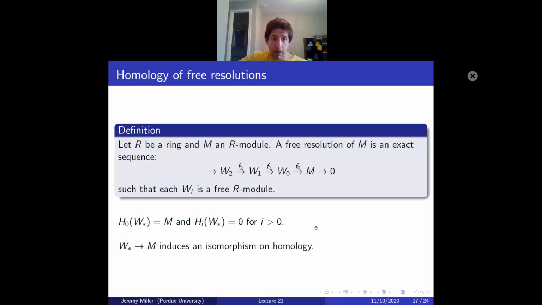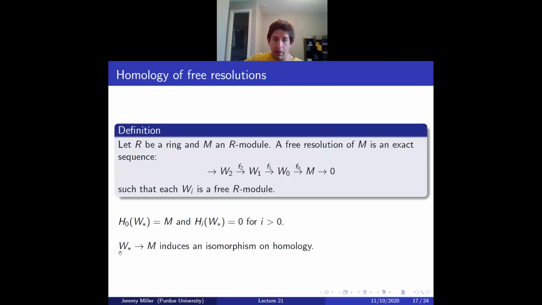W_* means take the chain complex but throw out M. So put W in degree 0 and throw out M, and then just take all the W's. If you think of M as a chain complex concentrated in degree 0 and W_* as a chain complex, then you get a map of chain complexes, and this is an isomorphism on homology.